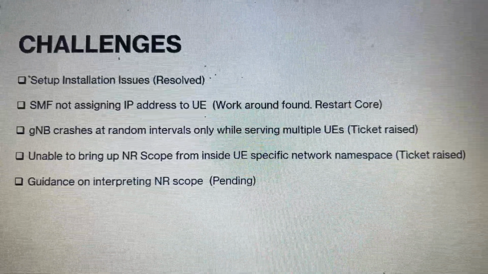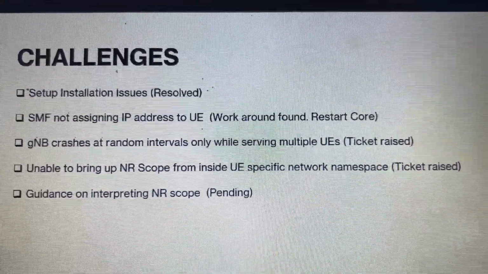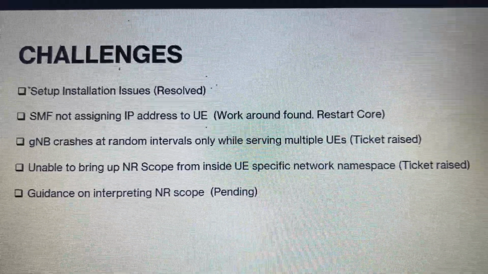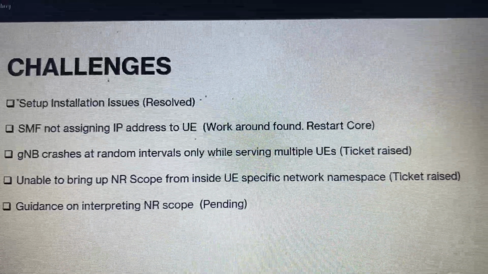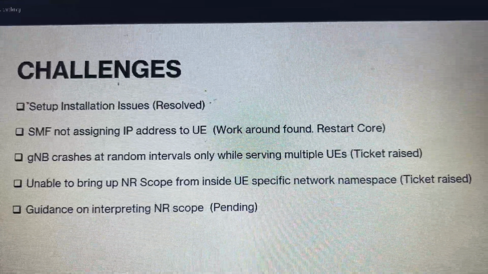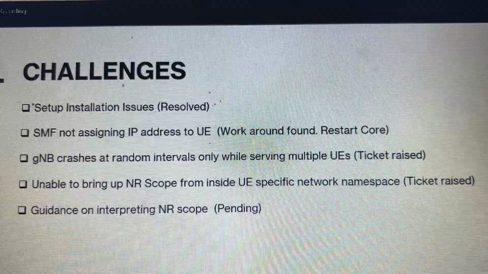The other challenge is that the gNB, while serving more than one UE, crashes with an error at random intervals. I had mentioned this earlier, and I have raised a ticket for the same. The other issue is that for a single UE we are able to bring up the NR scope.